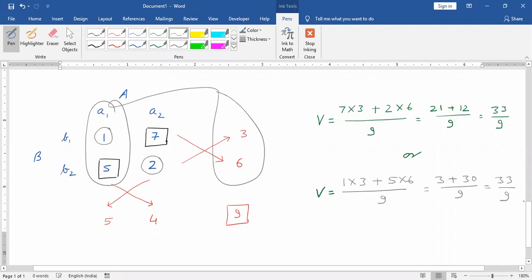So it doesn't matter whether you multiply by the first column or the second column. The answer will be the same.